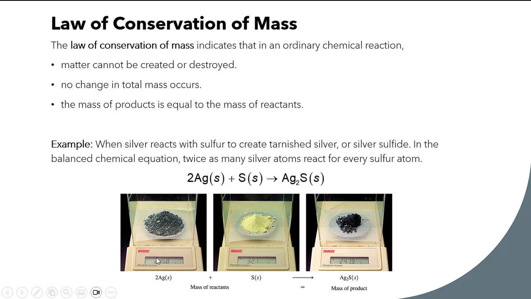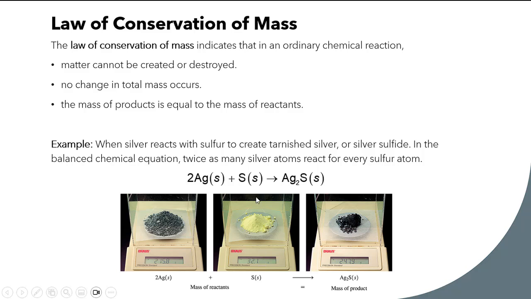However, if you go to the periodic table and look up the molar mass of silver, and you say, okay, if I have 2 moles of silver, that should give you a weight of 215.8 grams. Sulfur has a molar mass of 32.1 grams per mole.